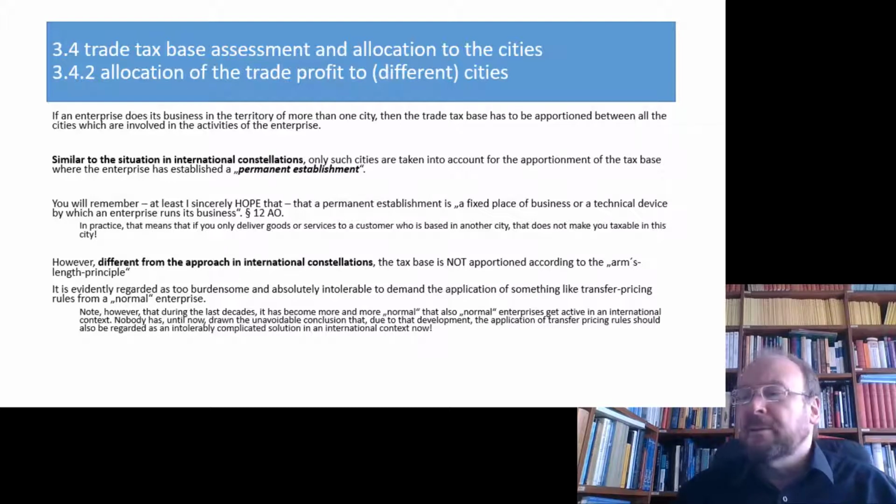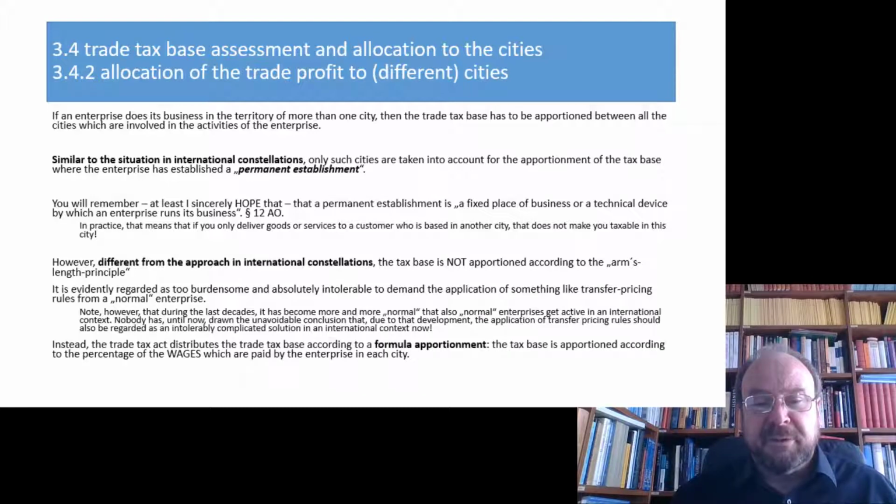By the way, most people are not able to follow them correctly, and most tax inspectors are not able to check them correctly, so that it's probably an outcome which is strongly influenced by mere chance. Nobody draws the conclusion we should do it like in the area of trade tax.